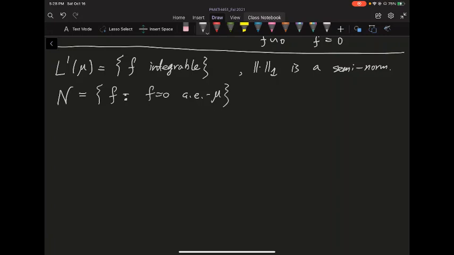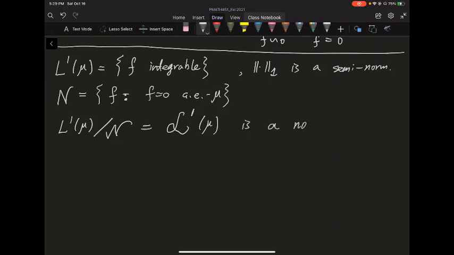So this N is a vector space, from what we saw in this class. And if you quotient out this N from the L1 of mu, let's give it another name, a curly L1, this one will be a normed vector space.